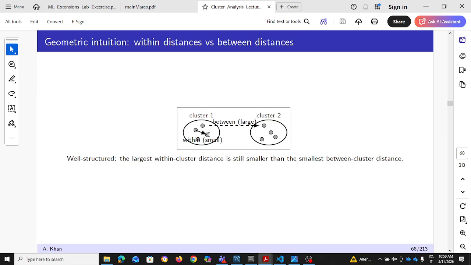It's confusing. Meaning that in a single cluster, if this distance is the maximum, this should be less than the distance between these two. If this is true, then this cluster has more similar units together, and between these two clusters there will be a much greater distance from each other.